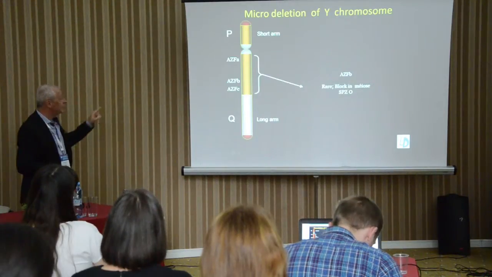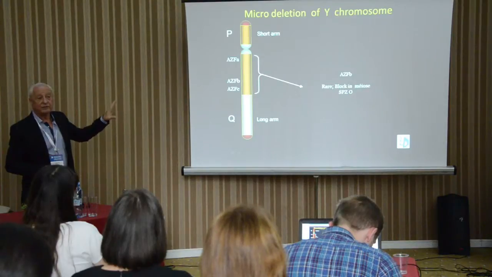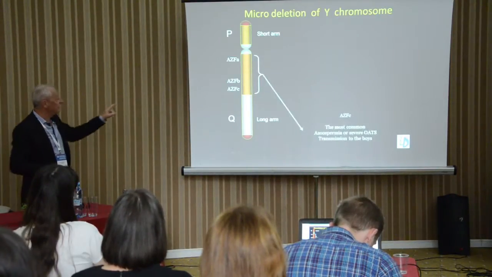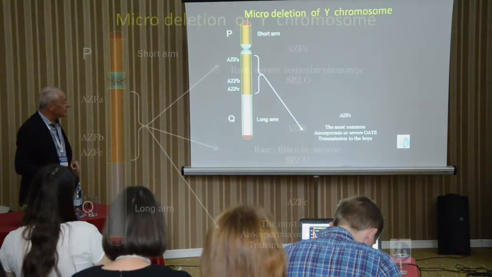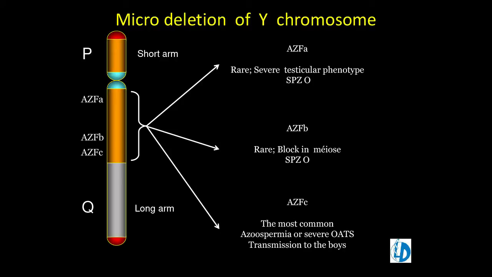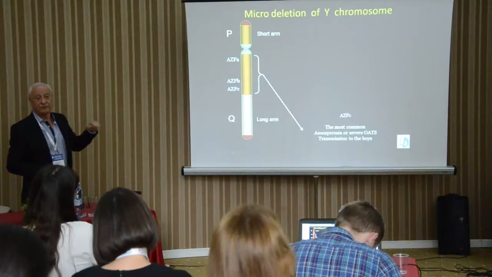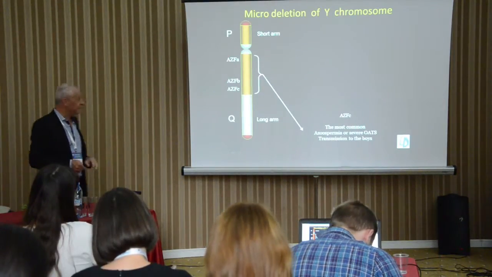If we have a microdeletion on zone B, it's the same, no discussion, we don't have spermatozoa. And only if we have a microdeletion on zone C, which is the most common, we have azoospermia or very severe oligozoospermia. And in this case, there is a risk of transmitting the same abnormality to the offspring, to the boy. This is for chromosomal abnormality.